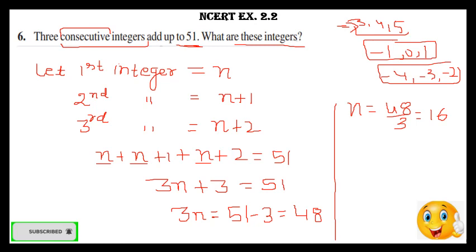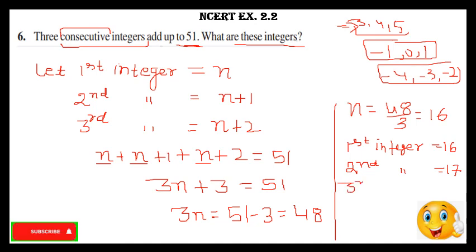So the first integer we have is 16, the second integer we have is 17, and the third integer we have is 18.